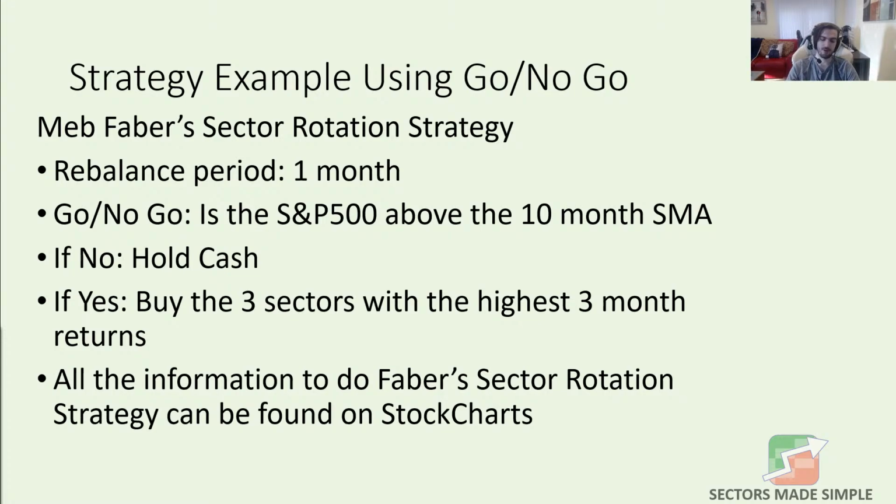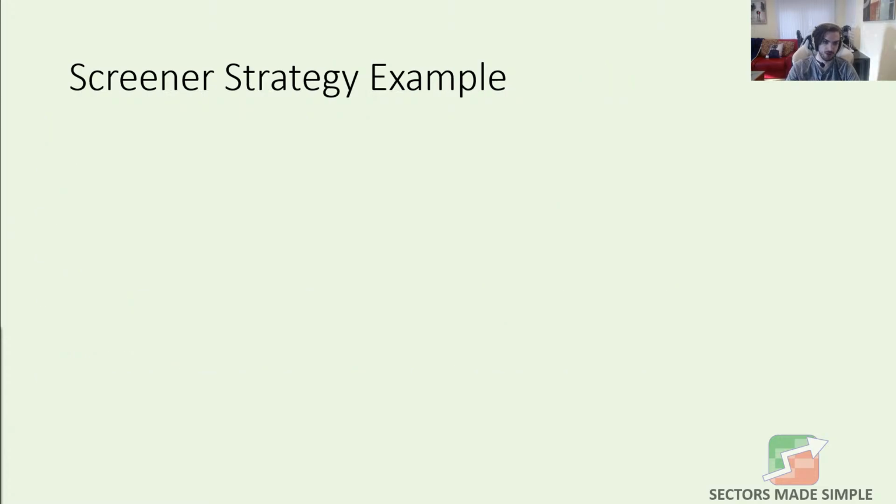Now, I want to talk about something a little bit closer to me and my family, with a screener strategy example. A strategy where it's not going to give you that go or no go. It's just going to give you a list.